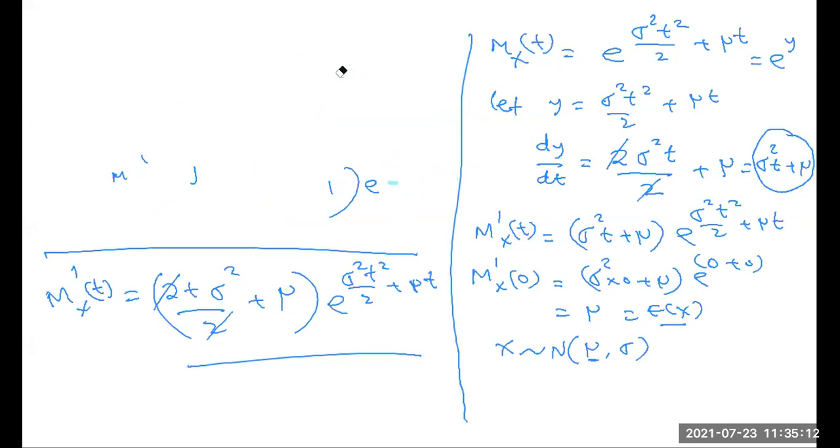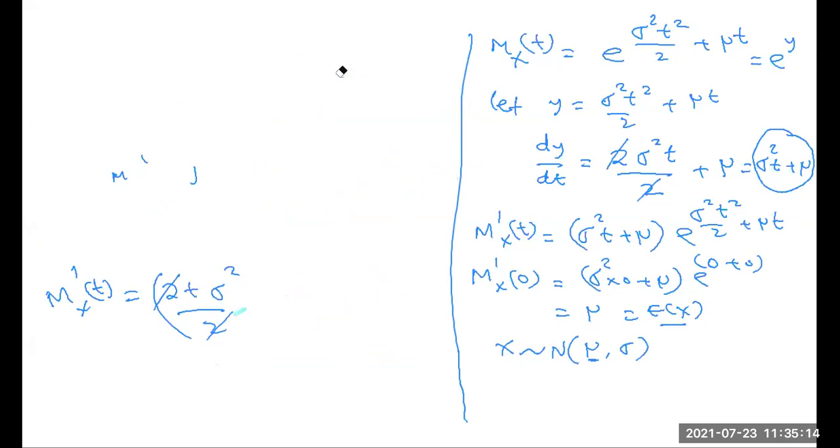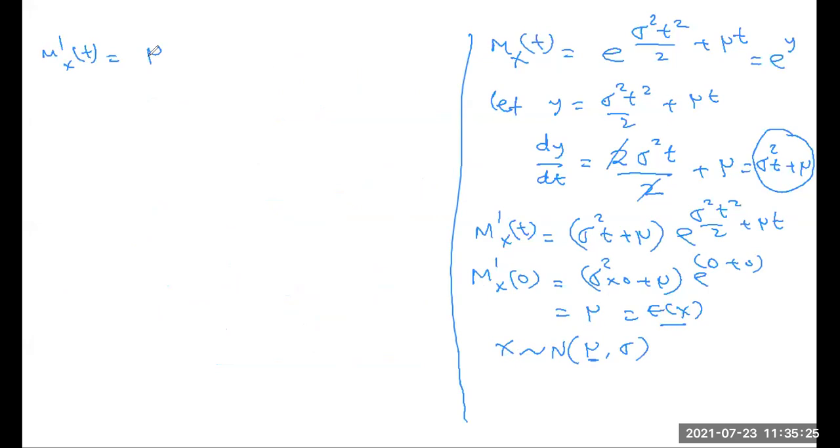We can check the second derivative of the MGF. The first derivative, M prime x of t, is given by mu plus sigma squared t, times exponent of sigma squared t squared over 2 plus mu t.